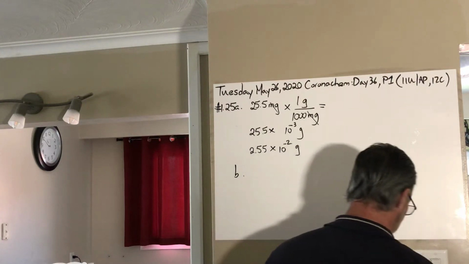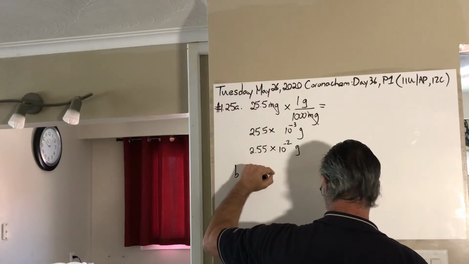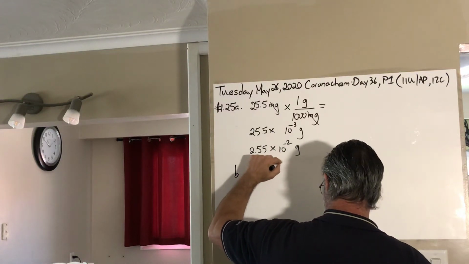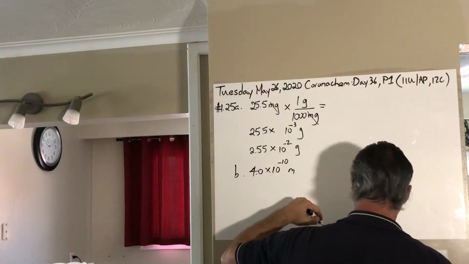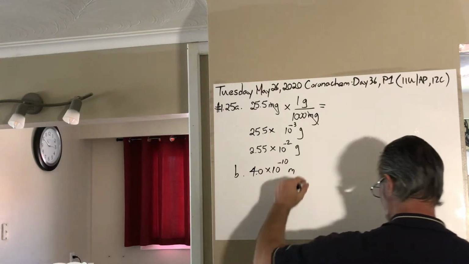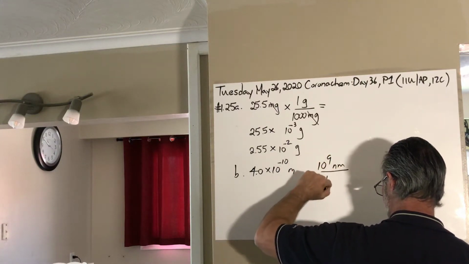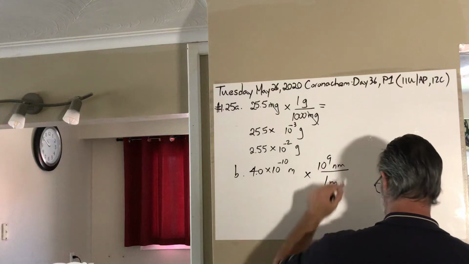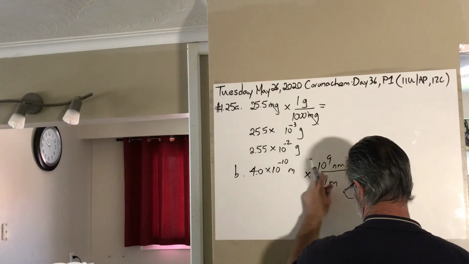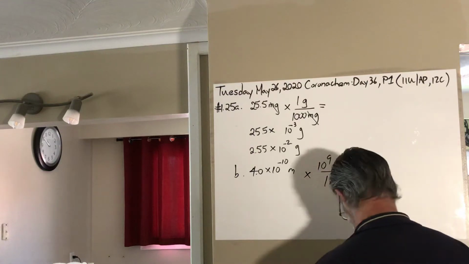Part B. We're asked to convert meters into nanometers, and they give you 4.0 times 10 to the negative 10 meters. The conversion factor to go to nanometers from meters is 10 to the 9 nanometers per 1 meter. So 10 to the minus 10 times 10 to the positive 9 gives you 10 to the minus 1 as an answer.